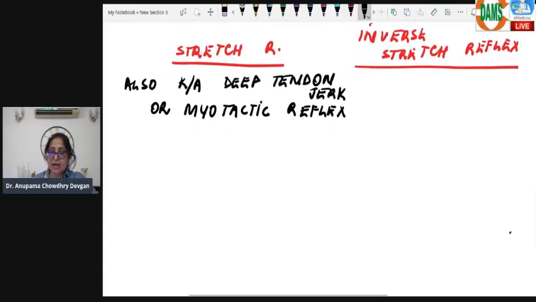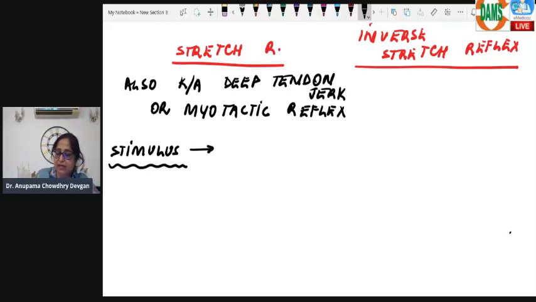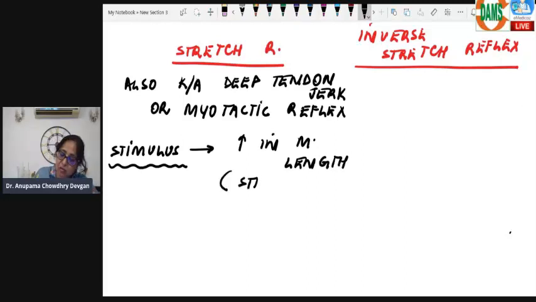Now let's see the stretch reflex. What is the stimulus for the stretch reflex? The stimulus for the stretch reflex is increase in muscle length, or stretch.